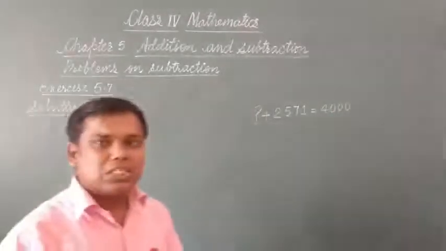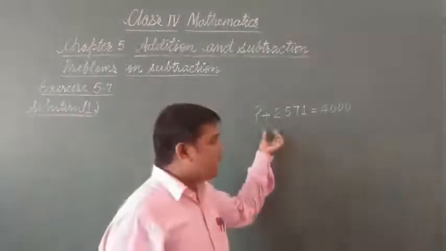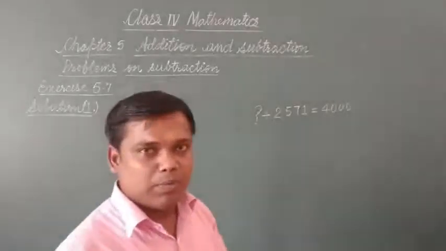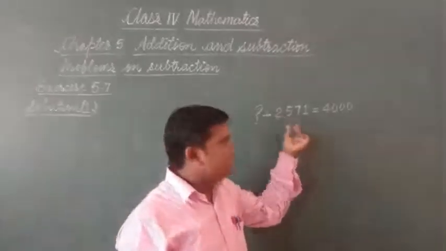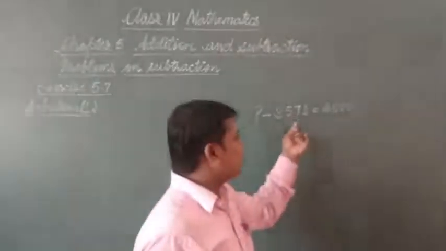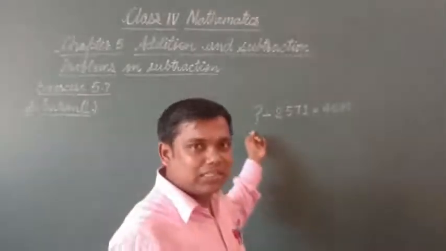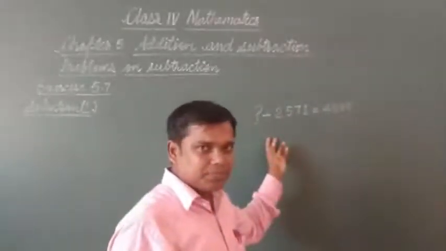But we are here solving word problems. So we will write like that. Means how to solve word problems. From this question, it is clear that it is the sum of these two numbers. One number will be here, that we have to calculate. Means this is the sum of two numbers given.